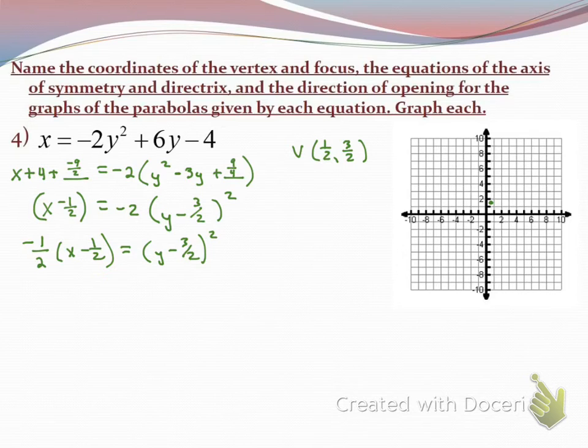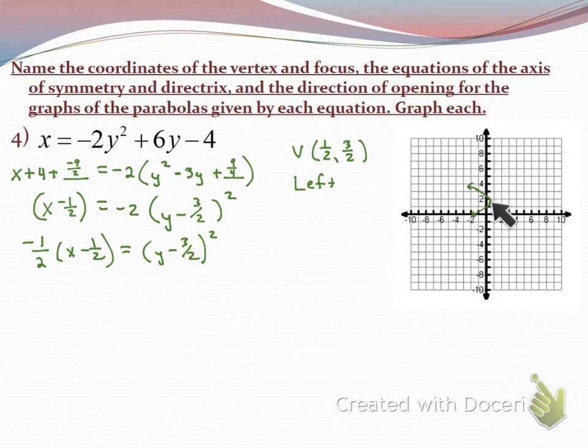It is opening which direction? Ooh, good catch. It's opening left because this is negative and the y is being squared. So it's opening to the left. Like this, right? My axis of symmetry is right here.